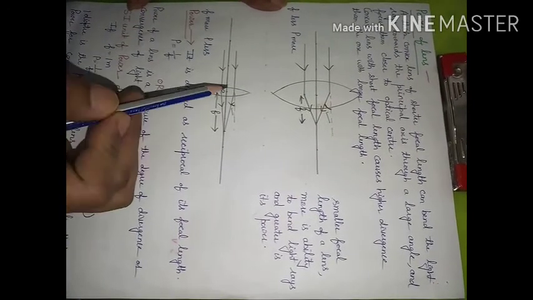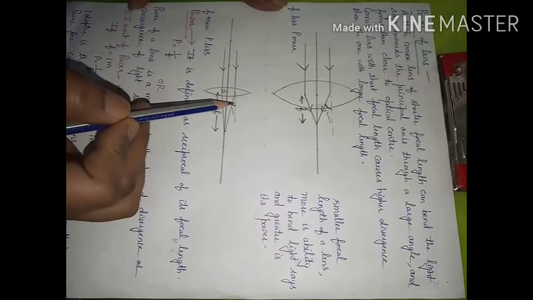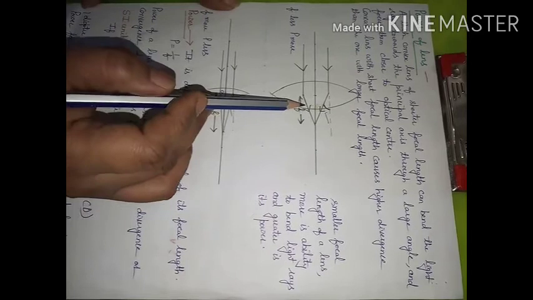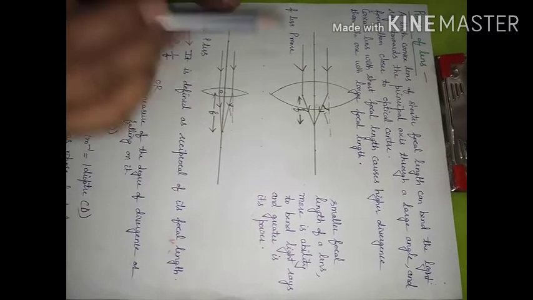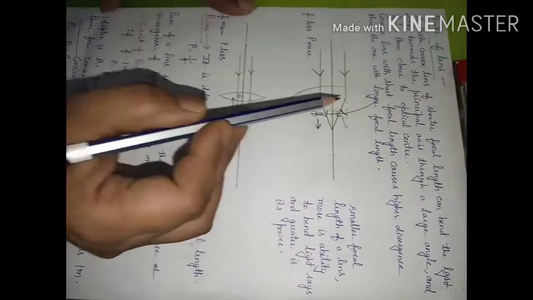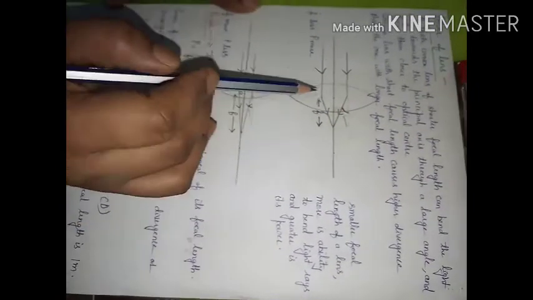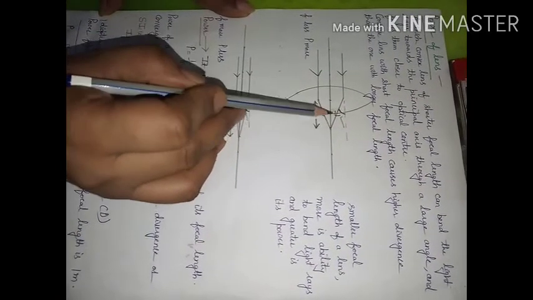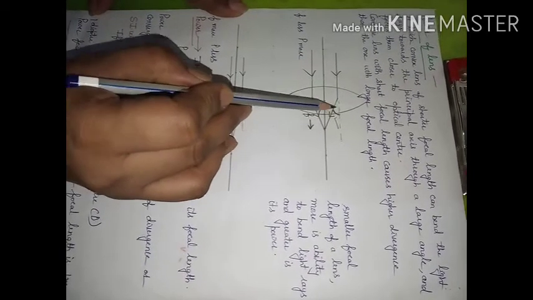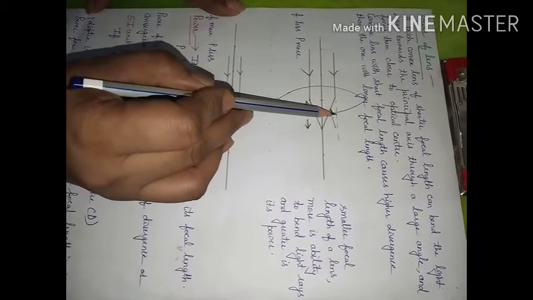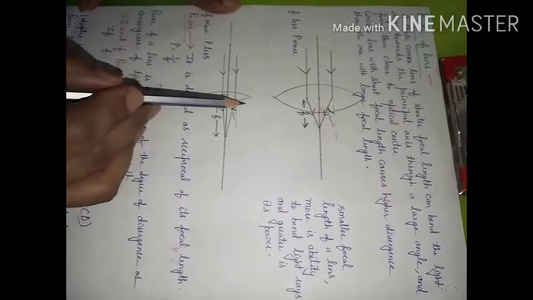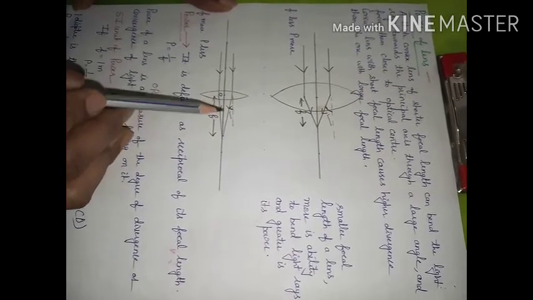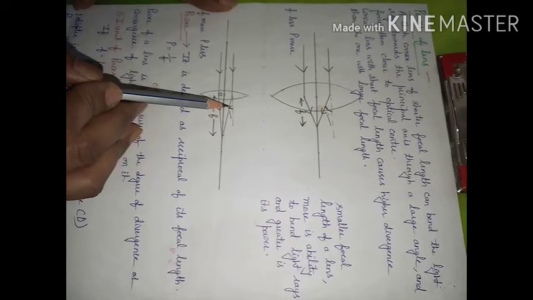And if we will relate this bending of a light, capacity to bend the light, with focal length of the lens, then we find the relation that a thicker lens is having short focal length, and if focal length is smaller, then bending capacity is larger, and a thin lens has more focal length and its bending capacity is less.